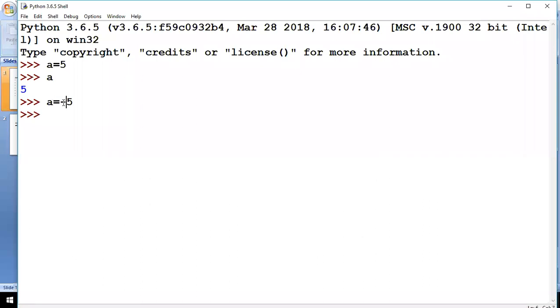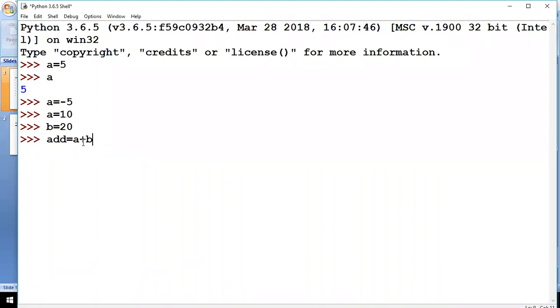So here the plus sign or minus sign acts as a unary operator, called unary plus or unary minus. If we are having more than one operand, like the value of a equals to 10 and the value of b equals to 20, and then after that I am writing add equals to a plus b.